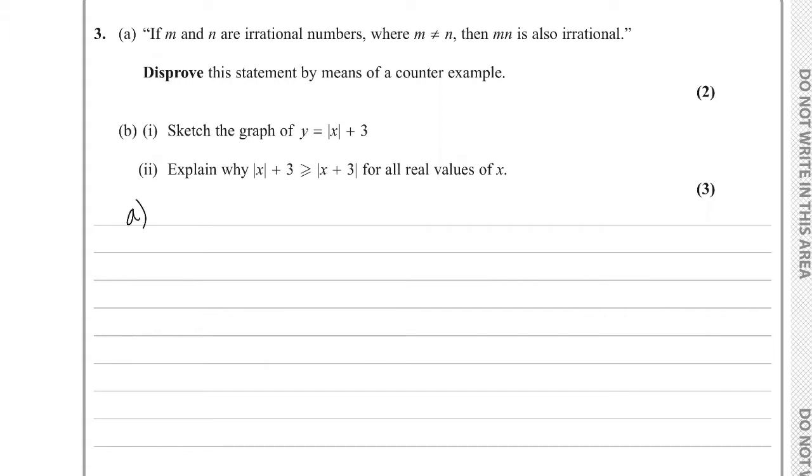One such example could be considering m to be root 3 and n to be minus root 3. Then both m and n are irrationals.